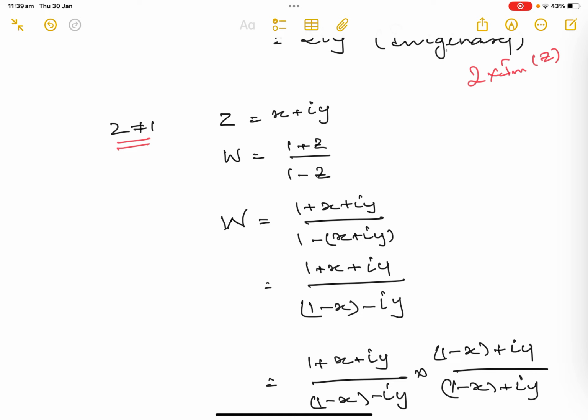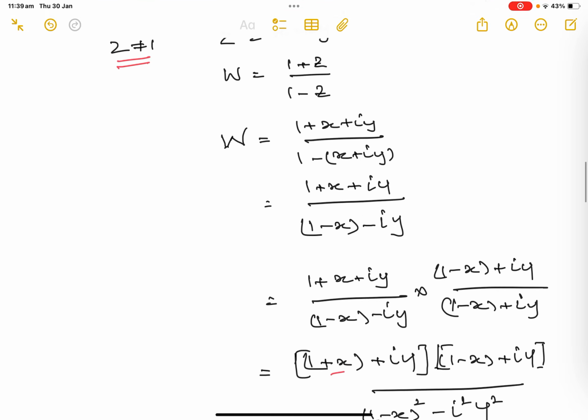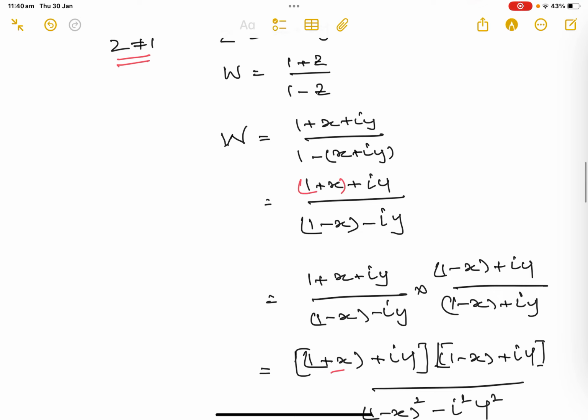Okay. w equals 1 plus z, that's 1 plus x plus iy, divided by 1 minus z, so 1 minus x plus iy. If we simplify it, the numerator is 1 plus x plus iy, and the denominator is 1 minus x minus iy.